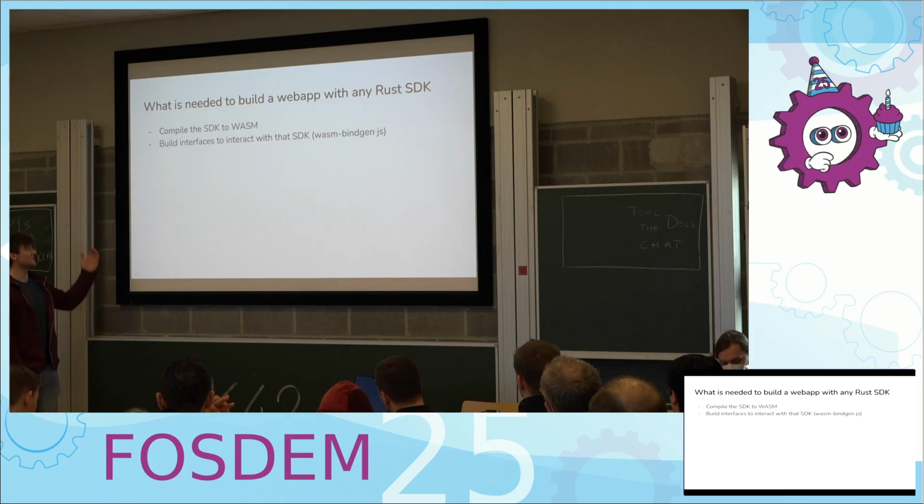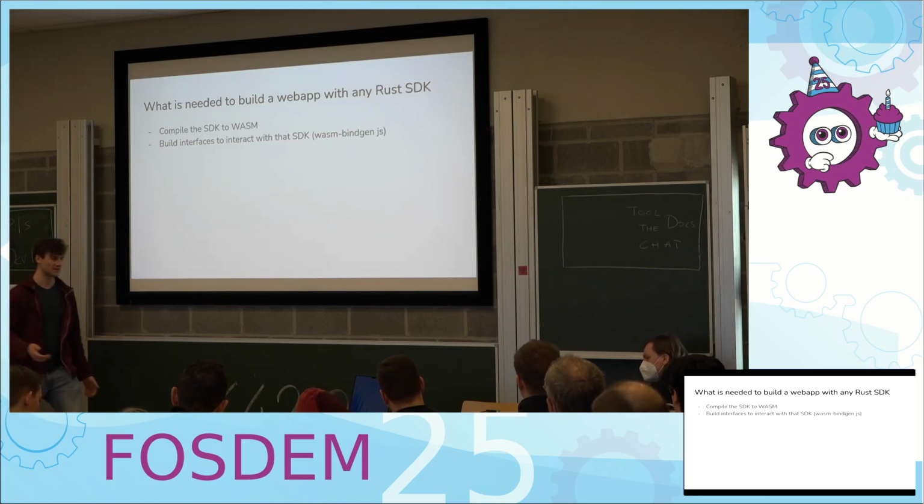And then the other almost harder challenge is that we then have to do interfaces to the web environment, so we can actually do something with the web browser. Those interfaces exist for the crypto crate, and also the first aspect, compiling, exists for the crypto crate. But if you try to do the full SDK, that doesn't work.